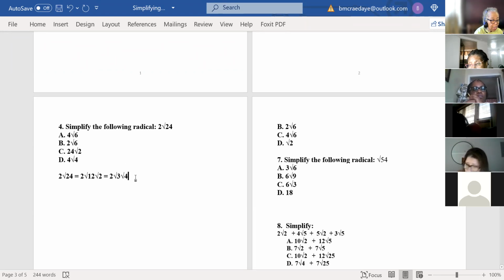And we also had square root of 2, right? So let me put the square root of 2 back. Okay, so you said square root of 12 has square root of 3 and square root of 4.